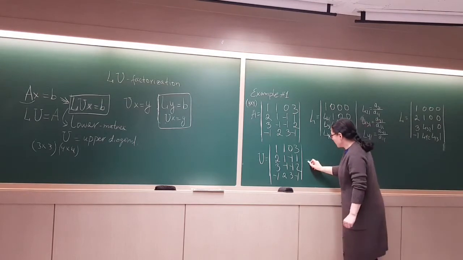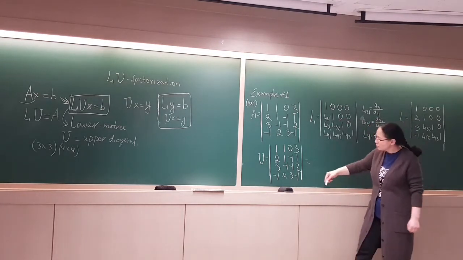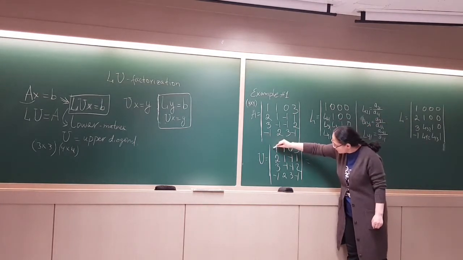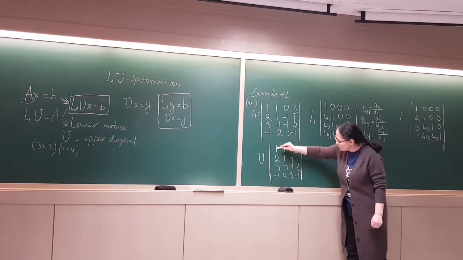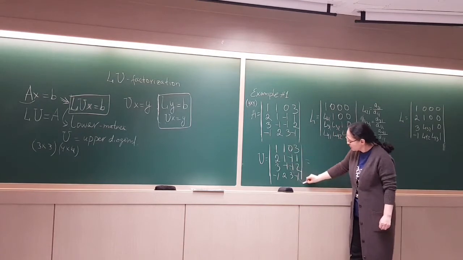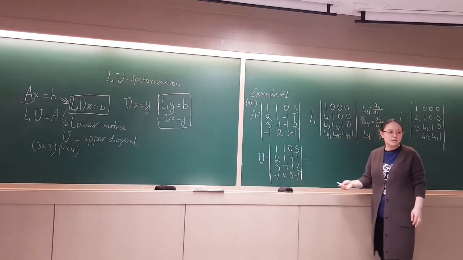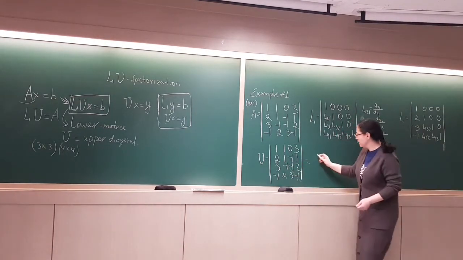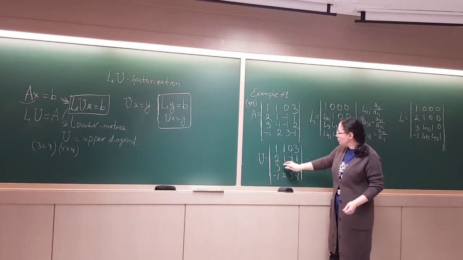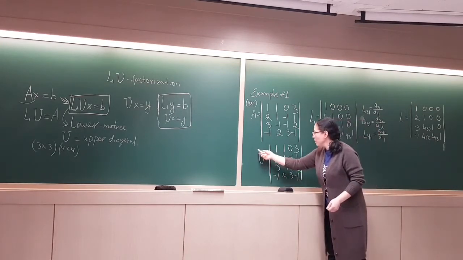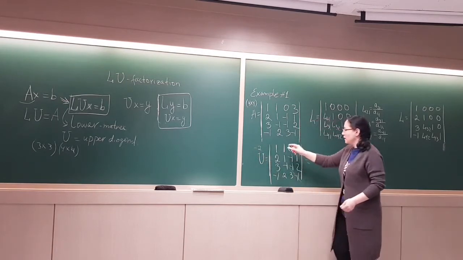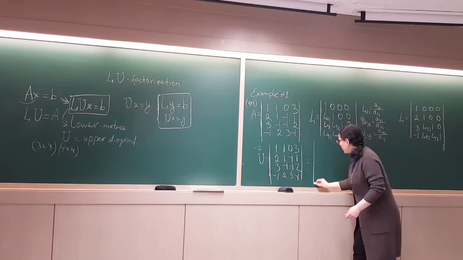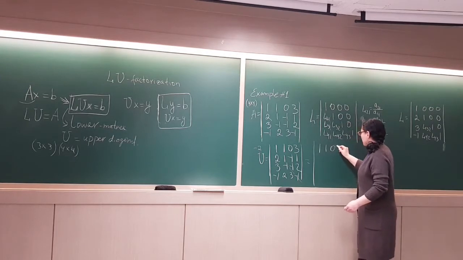Now from the U matrix, we need to make the entries below the diagonal 0, right? To make this 0, we multiply by minus 2 and add. The first line stays the same: 1, 1, 0, 3.